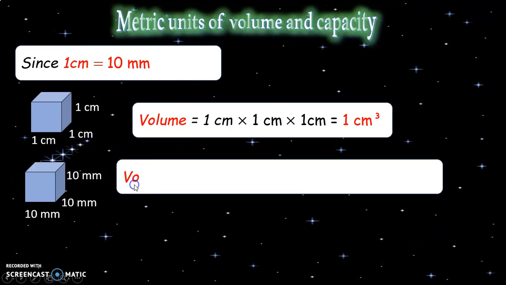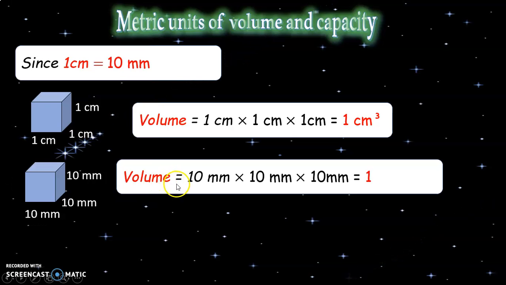To get the volume, we also multiply all three sides: 10 millimeters multiplied by 10 millimeters multiplied by 10 millimeters is equal to 1000 millimeter cube. In other words, 1 centimeter cube is equal to 1000 millimeter cube.